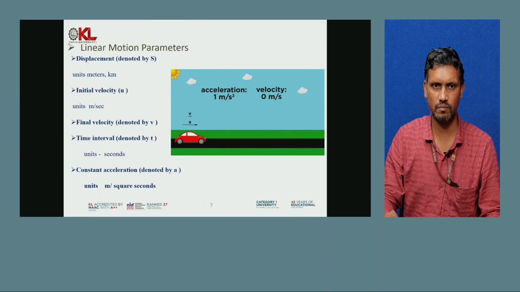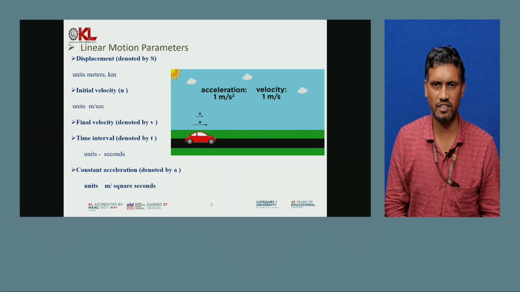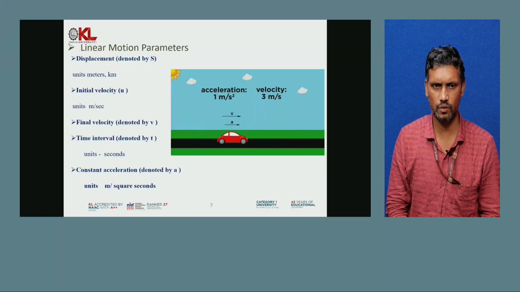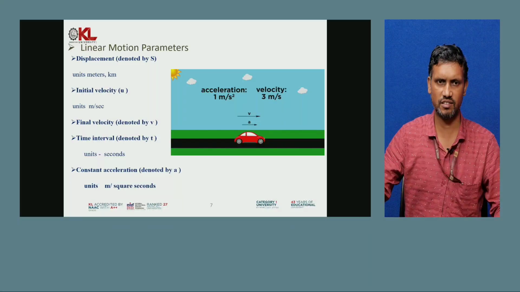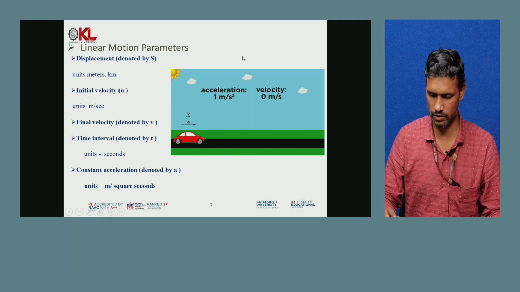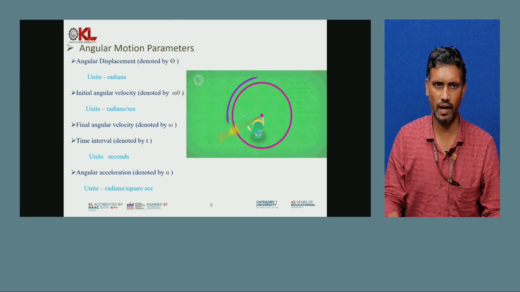Now linear motion, what are the parameters required for a linear motion? A displacement, initial velocity, final velocity, a time interval, the time taken to travel, and the acceleration. These are the things required for the linear motion. Angular motion, here also the same thing but in angle.